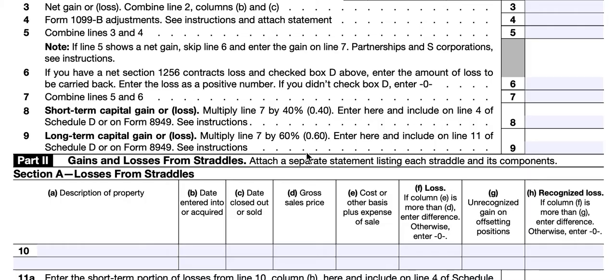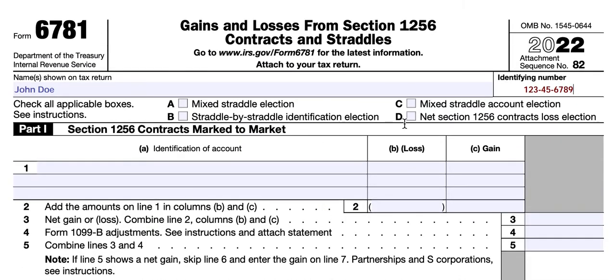If you don't make any of the elections in box A, B, C, or D above, then you would use part 2 to reduce any loss by any unrecognized gain on the non-Section 1256 contract component before you start working in part 1.